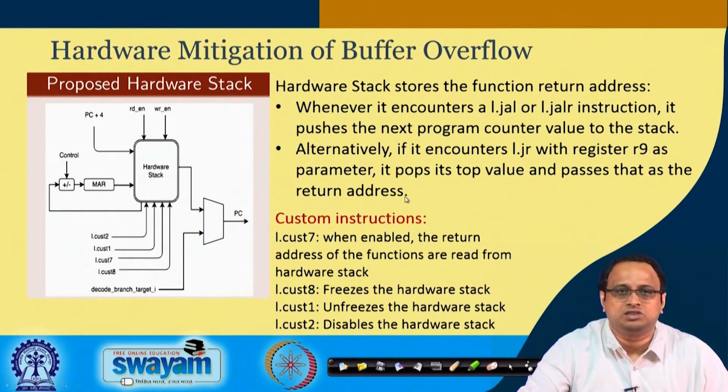So with this simple incorporation of a hardware stack, and also of course the dedicated instructions shown here as custom 7, custom 8, custom 1 and custom 2, we can alleviate the effect of a buffer overflow attack on our software.